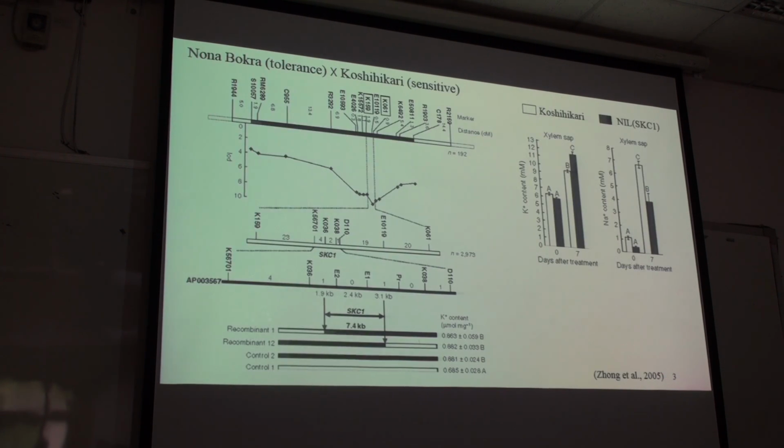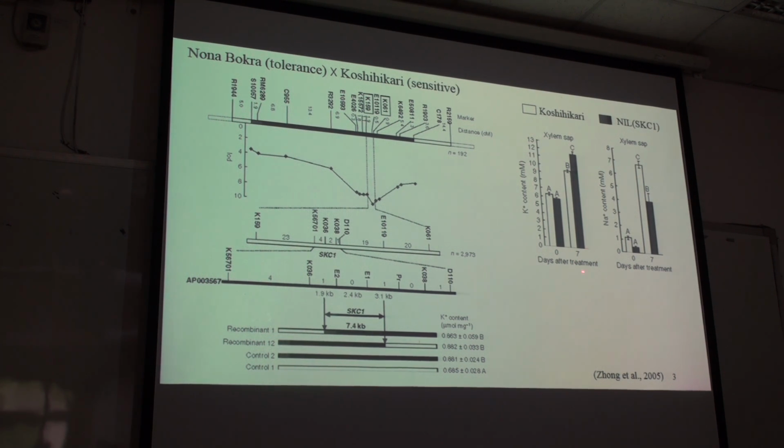In 2005, in another paper, they crossed a salt-tolerant rice variety, Nona Bokra, and a salt-sensitive rice variety, Koshihikari. By making the hybrid, they found the SKC1 QTL, and they transformed the SKC1 promoter and open reading frame into rice and planted them under salt stress.